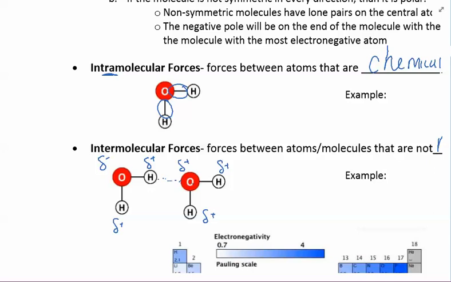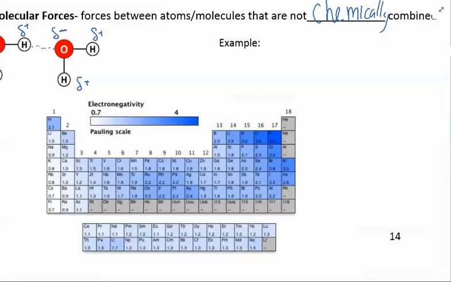Hydrogen bonding is when you have one molecule attracted to another. Oh, this should be partially negative. I wrote it as positive for some reason. So the hydrogens are both partially positive, the oxygens are both partially negative. Sorry about that. So as I said before, we look at the electronegativity. Here's a good chart of the electronegativity. The only thing I don't like about this is krypton and xenon.